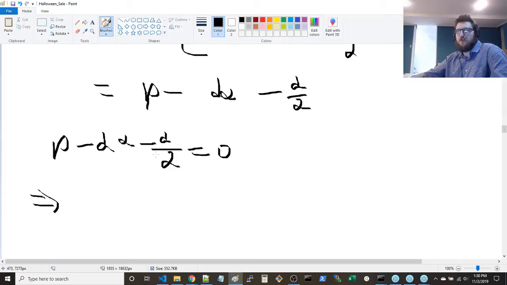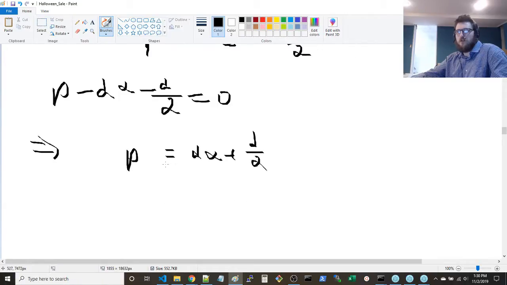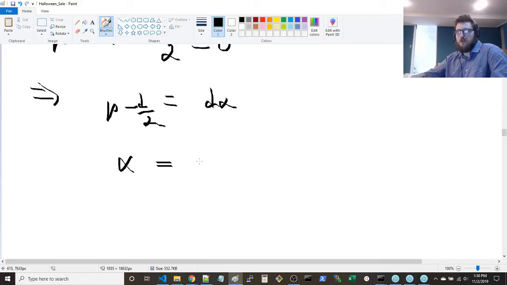which implies p minus d alpha plus d over 2, which then gives us p minus d over 2 equals d alpha, so I guess alpha equals p over d minus a half.